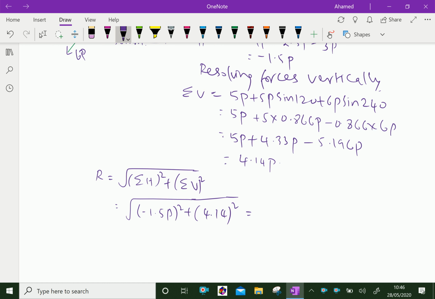Let us calculate this: 1.5 squared plus 4.14 squared, then the square root is 4.403. So 4.403P is the resultant force.